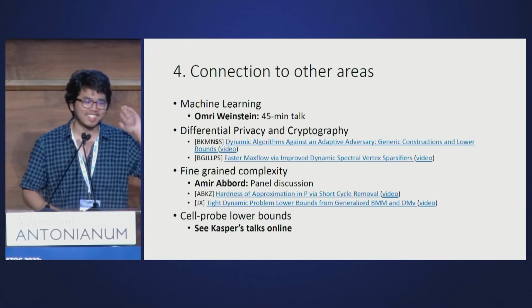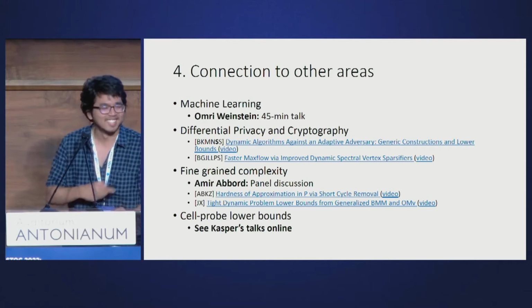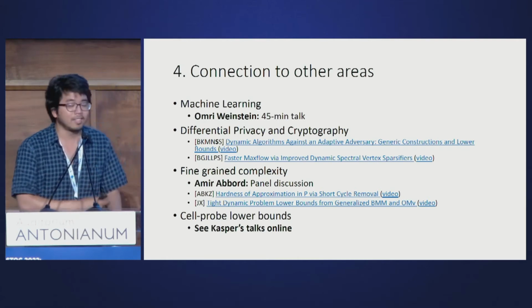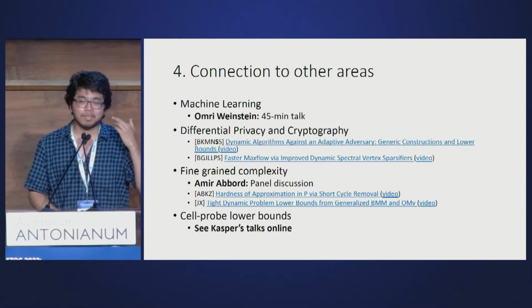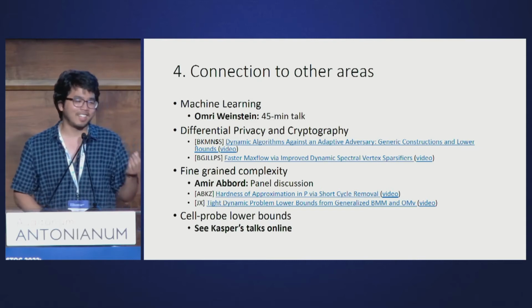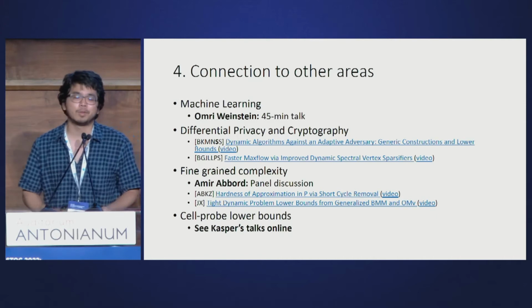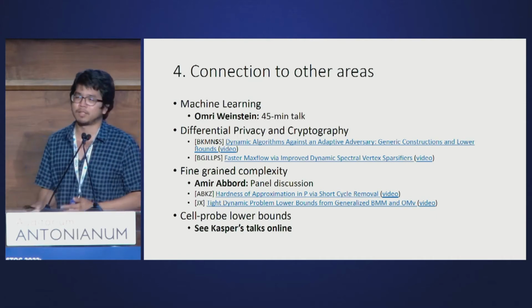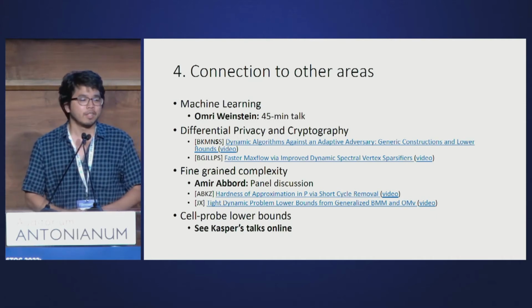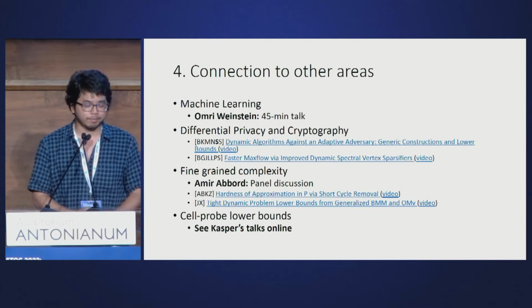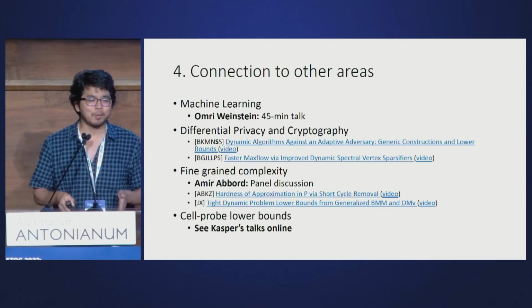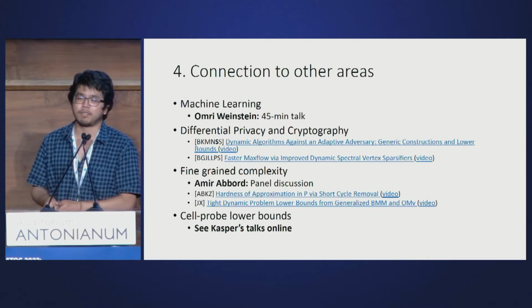It turns out that just this year, there is a very new connection found from dynamic algorithms to differential privacy, and you can use it as a way to make algorithms work against an adaptive adversary.